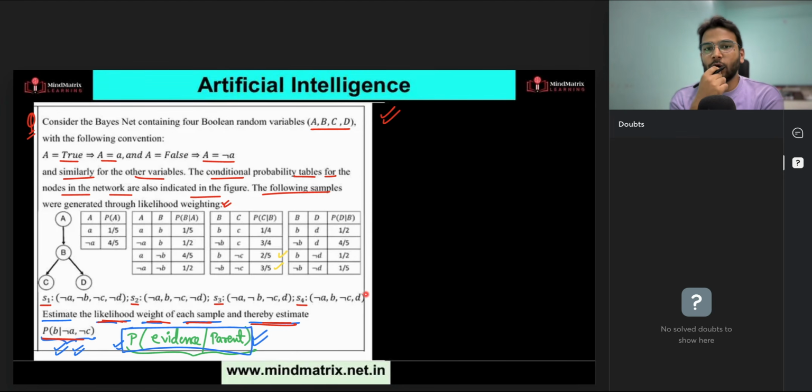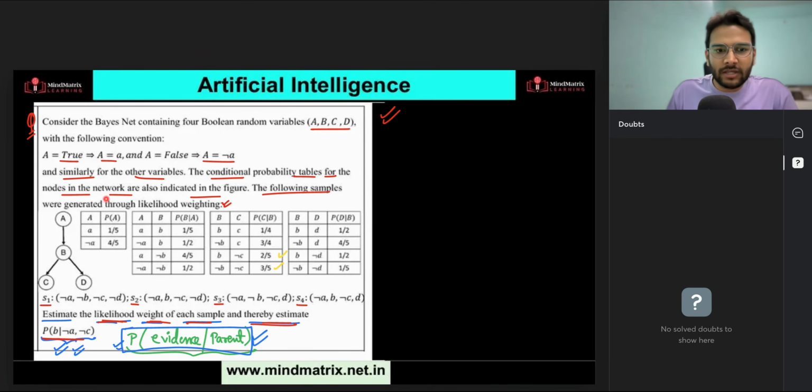It is B given not of A, not of C. Manjunath, what are we estimating? Finally, focus on what we are estimating: probability of B given not of A, not of C. So can I say it should be S2 and S4, or in terms of weights, W2 plus W4 in the numerator? That's how you are going to estimate it. Yes or no? Everyone, is this point clear to all of you?